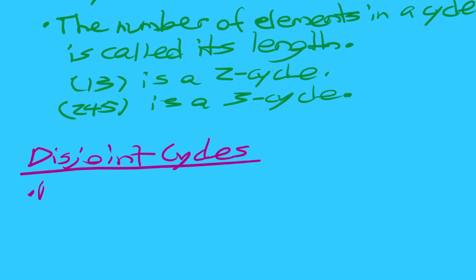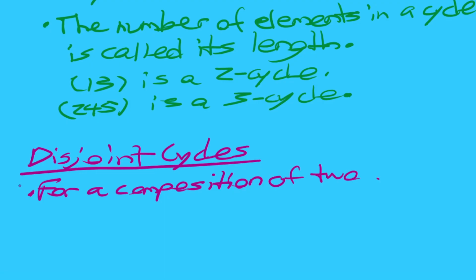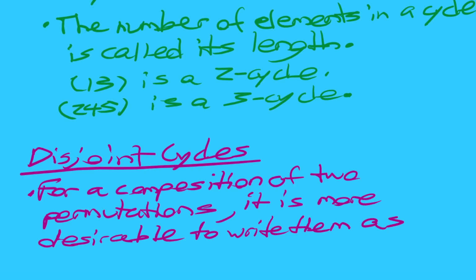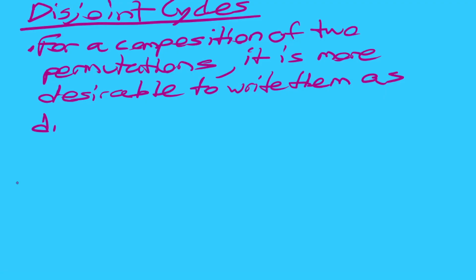So, for a composition of two permutations, it is more desirable to write them as disjoint cycles.